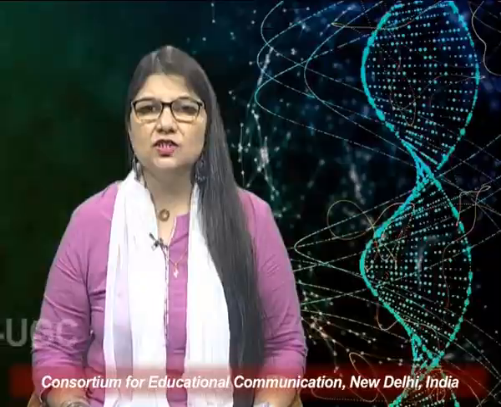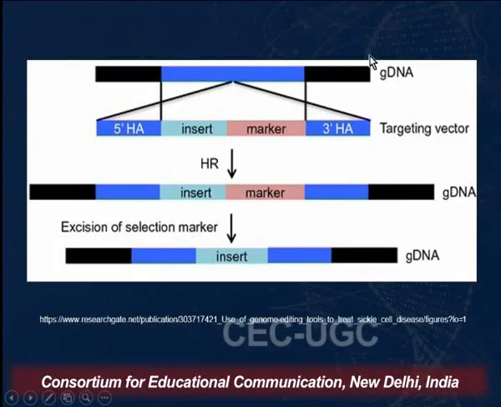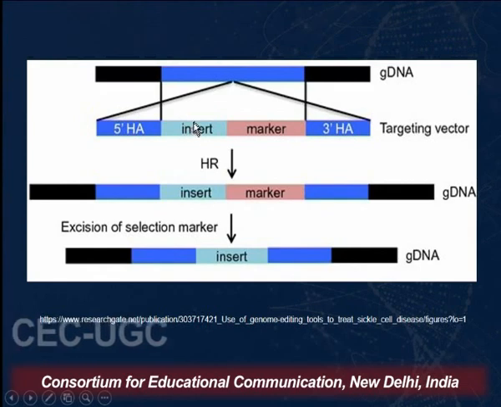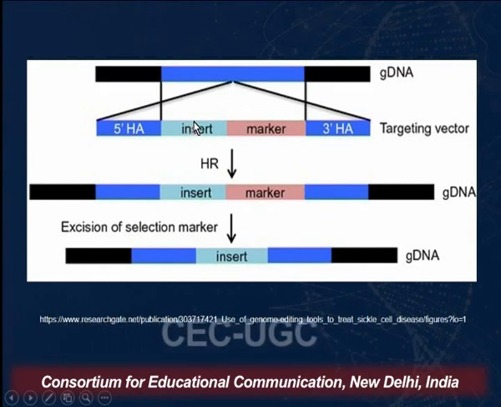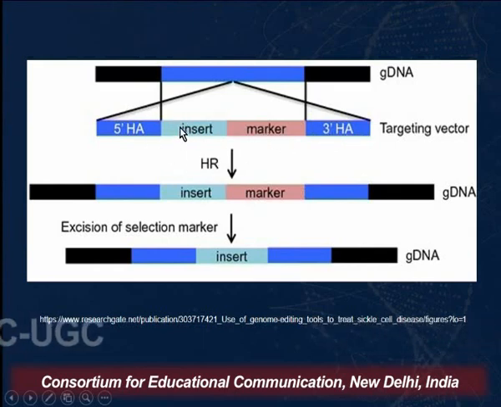So this is a very schematic, generalized diagram which tells us that this is the genomic DNA and this is the targeting vector. So this is basically the vector which is carrying our gene of insert. We have elaborately talked about recombinant DNA technology, how such vectors can be created that carry our gene of insert.